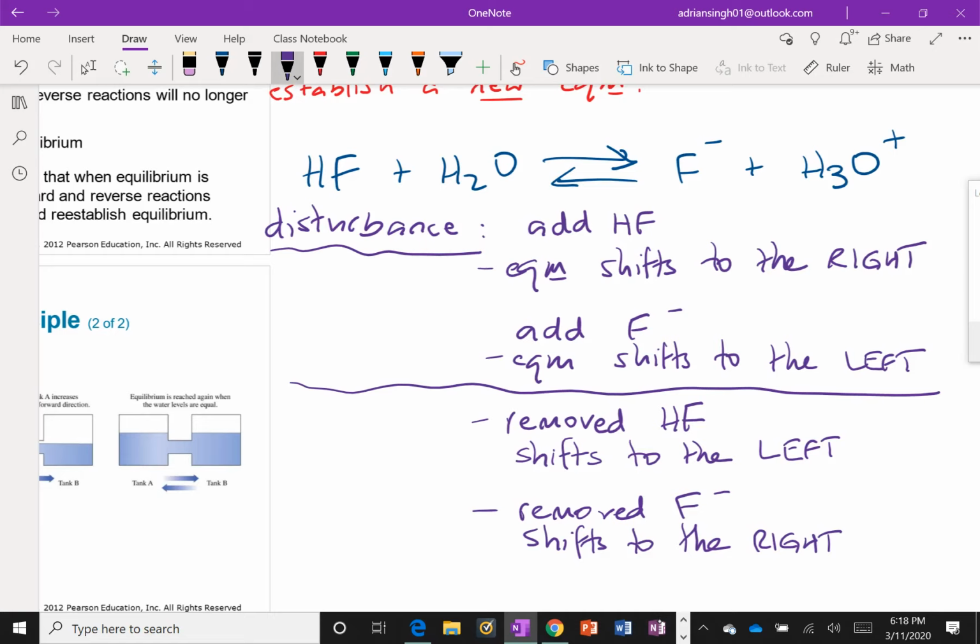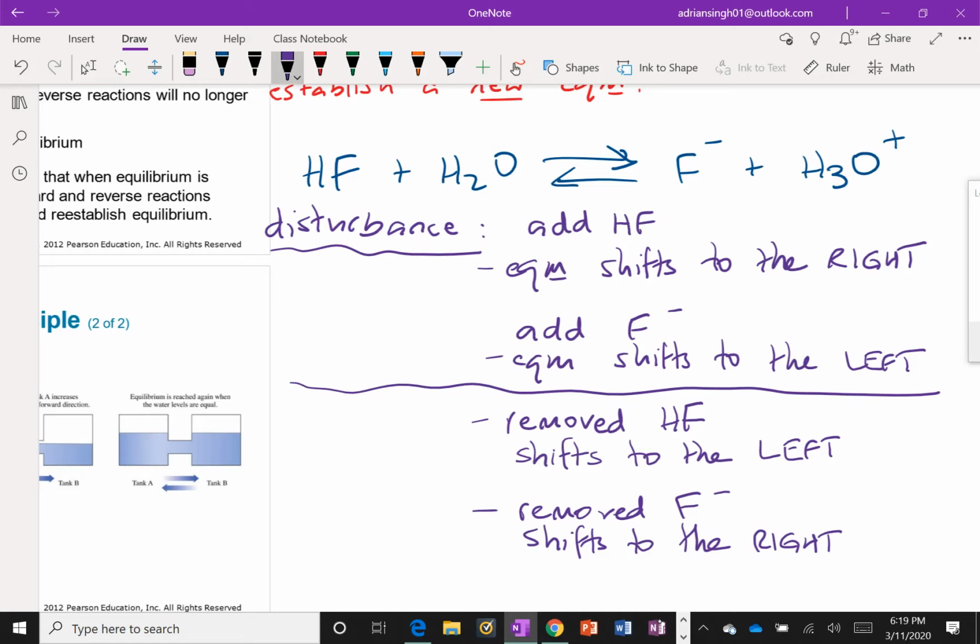As I make F minus, I'm just going to remove it. And as I remove it, equilibrium shifts to make more of it. Take it away, it shifts to make more of it. So you can actually tweak your system. You can control it by applying Le Chatelier's principle. In this case, it's an acid-base reaction, but you can apply it to lots of really, really important reactions.